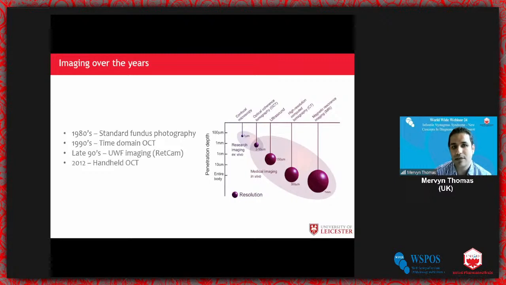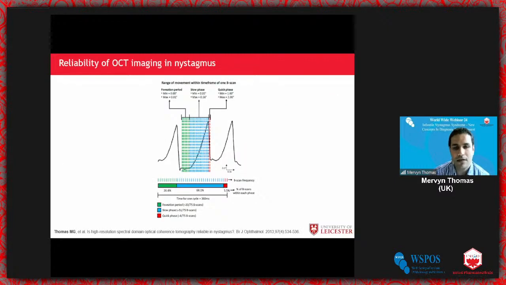One of the key questions asked quite early on, back in 2013 when we published this, is how reliable is OCT imaging in nystagmus? You've seen some waveforms already from Larry earlier on. This shows a few scans superimposed on a nystagmus waveform.